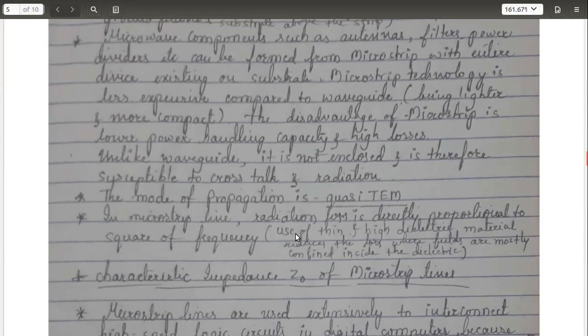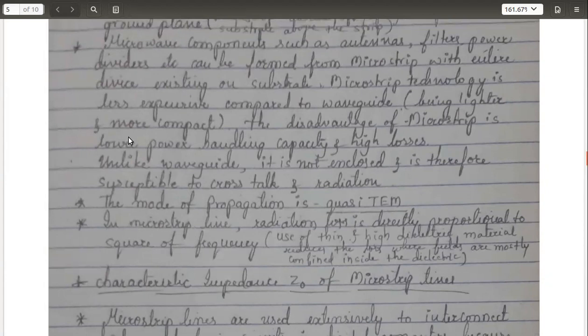However, use of thin strip and high dielectric material reduces the loss, where the fields are mostly confined inside the dielectric. So to reduce loss, the strip should be as thin as possible, and the dielectric material should have a high epsilon r. So these are the constructional details and the field information about the microstrip lines.